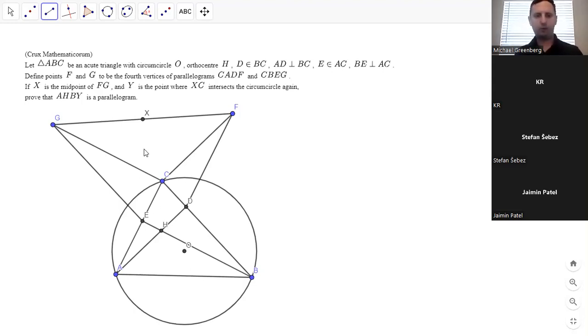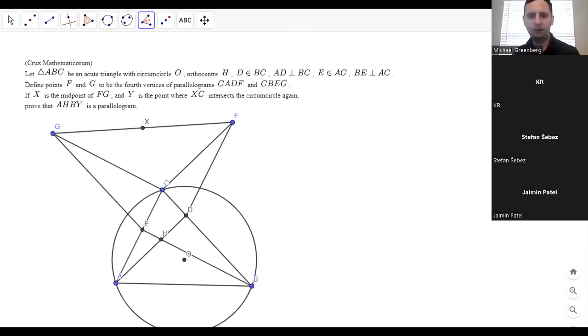Okay, so we want to show X, C, and O are collinear. We know angle OCB and OCA, not XCB and XCA. Are these right angles right here? Is that obvious? Yeah, that must be obvious.